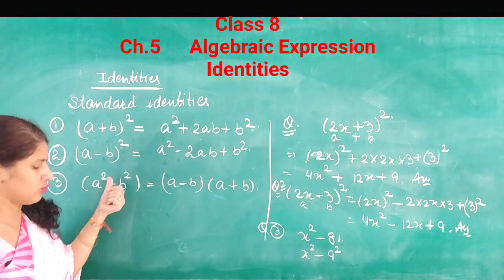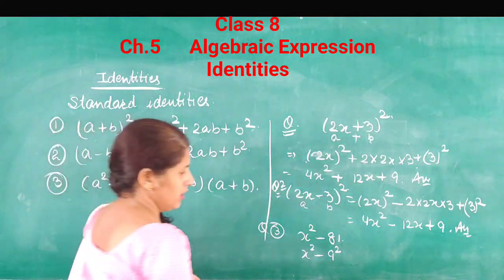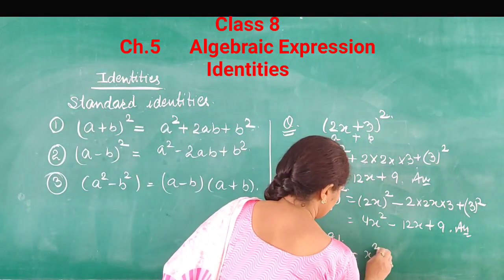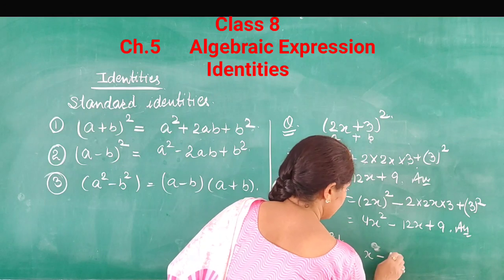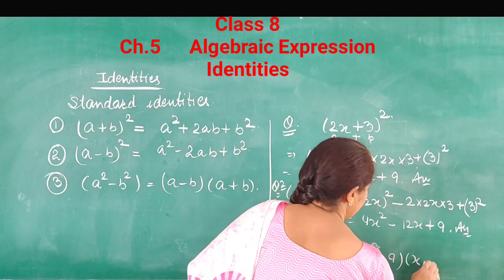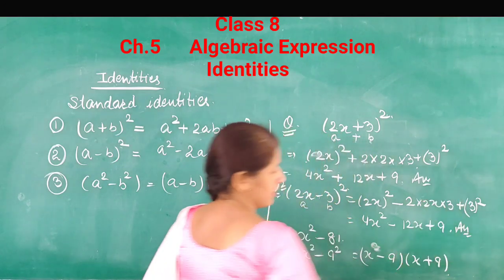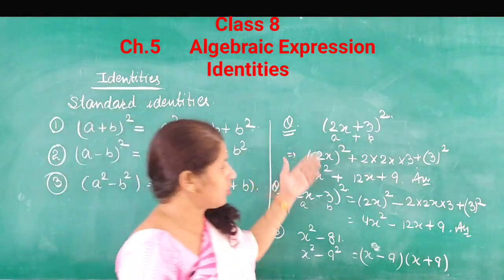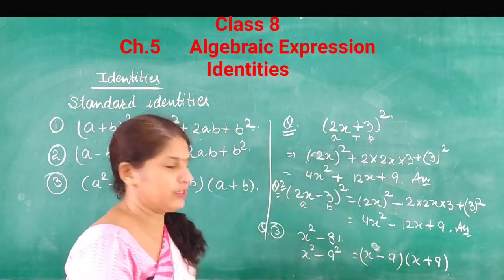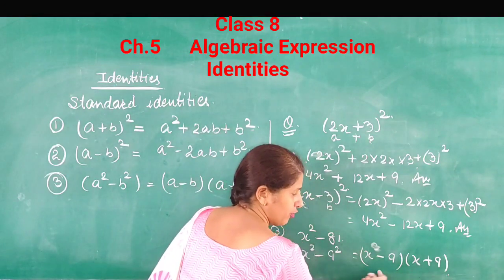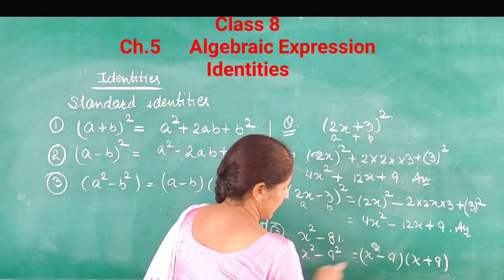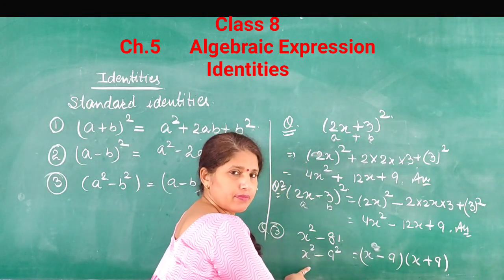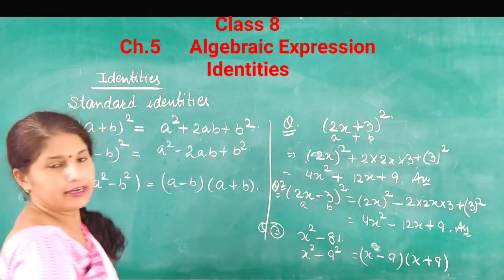It is in the form of a square minus b square, so you can write x minus 9 times x plus 9. And all these identities are also used vice versa, meaning if you are given this, then you can write your answer like this. Okay, so these are the three identities.